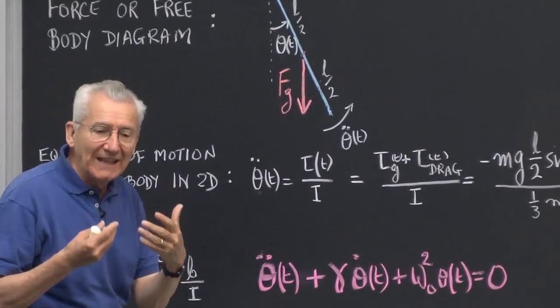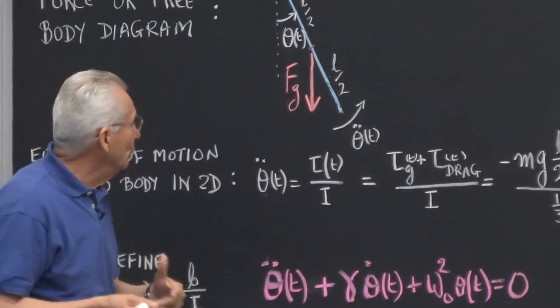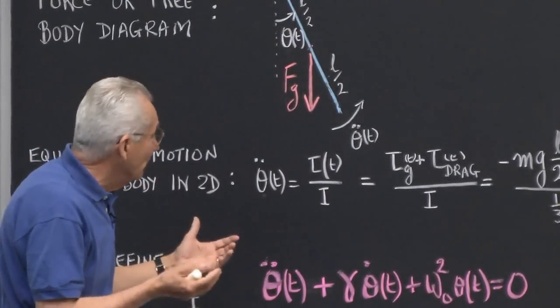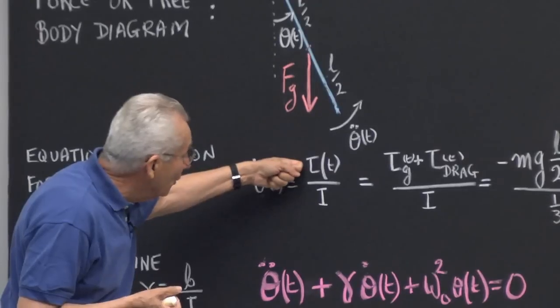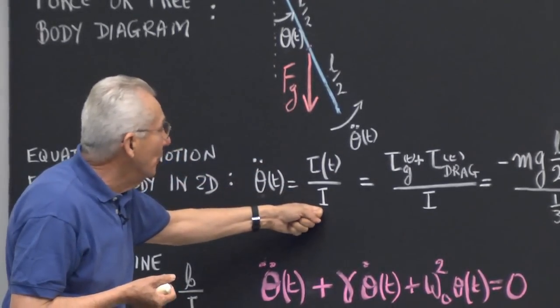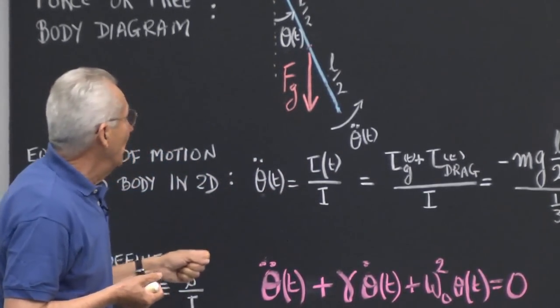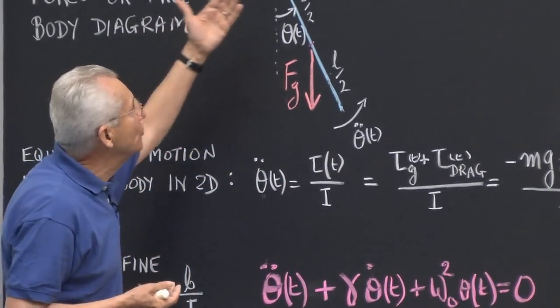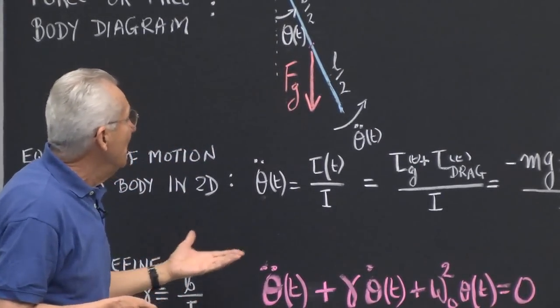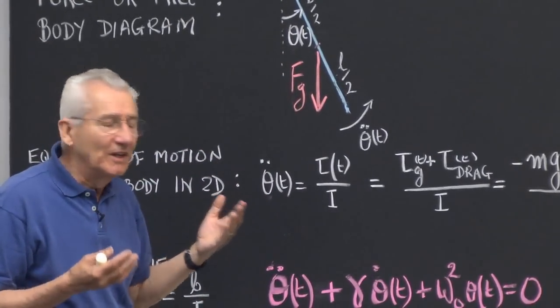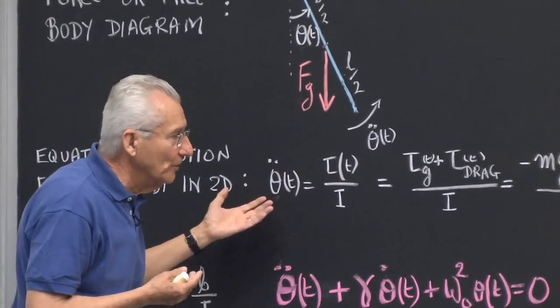From tau equals I alpha, the angular acceleration will be equal to the torque divided by the moment of inertia. Since this is rotation of a rigid body in a plane, in 2 dimensions, I don't have to write any vector quantities.